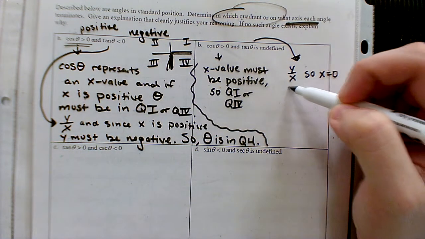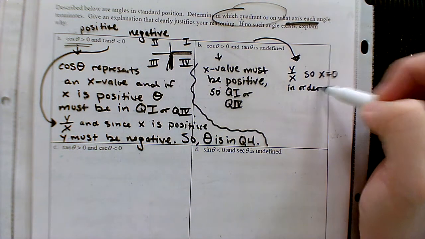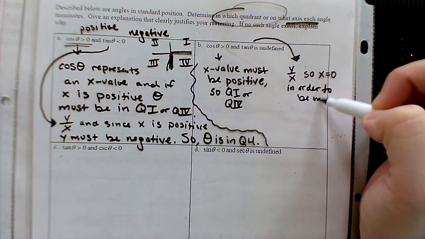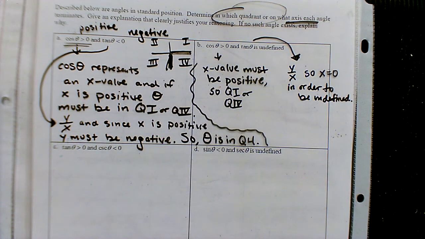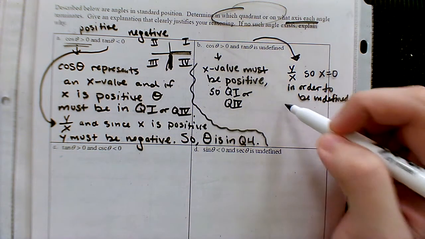So x equals 0 in order to be undefined. If x is 0, where are we located? The y-axis.